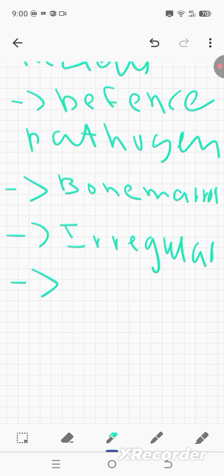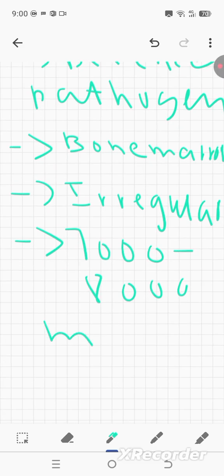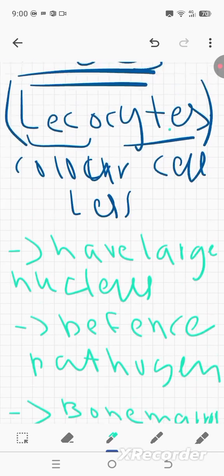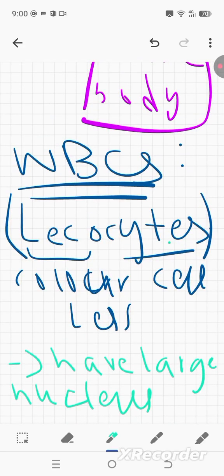And what next about white blood cells is quantity. Their quantity is 7,000 to 8,000 million inside us. That was the basic knowledge about white blood cells, or you can say leukocytes. So we are done with the leukocytes.